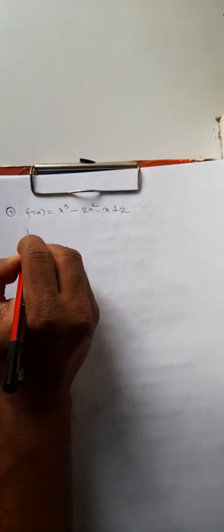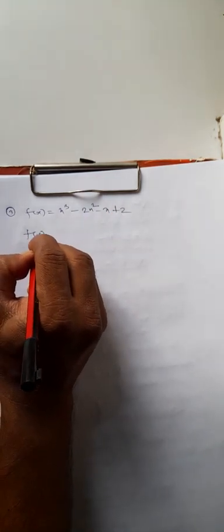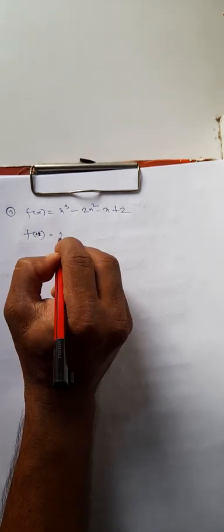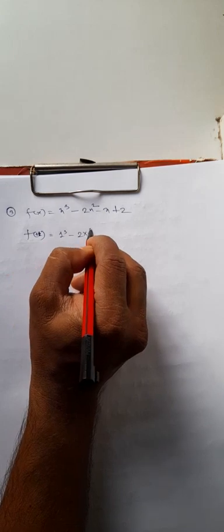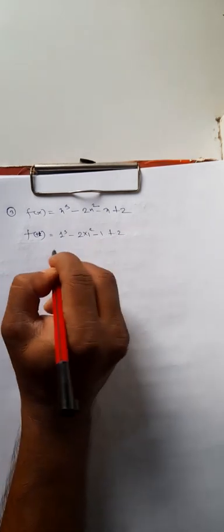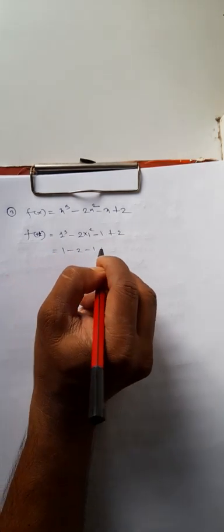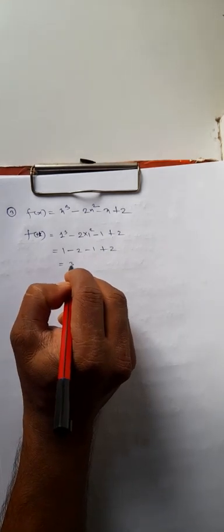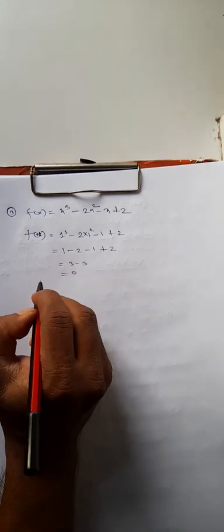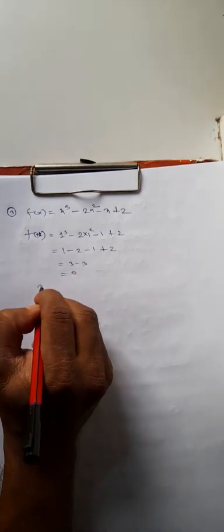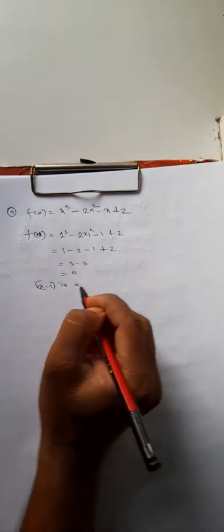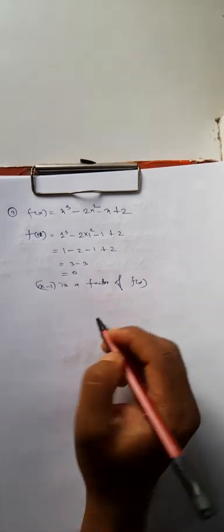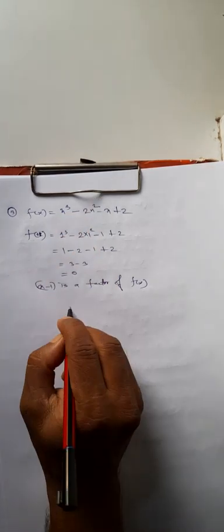Now f(1) = 1³ − 2 into 1² − 1 + 2, which is 1 − 2 − 1 + 2, which is 3 − 3 = 0. Now f(1) = 0, therefore x − 1 is a factor of f(x). Now you got one factor of f(x). How will you find the other factor?